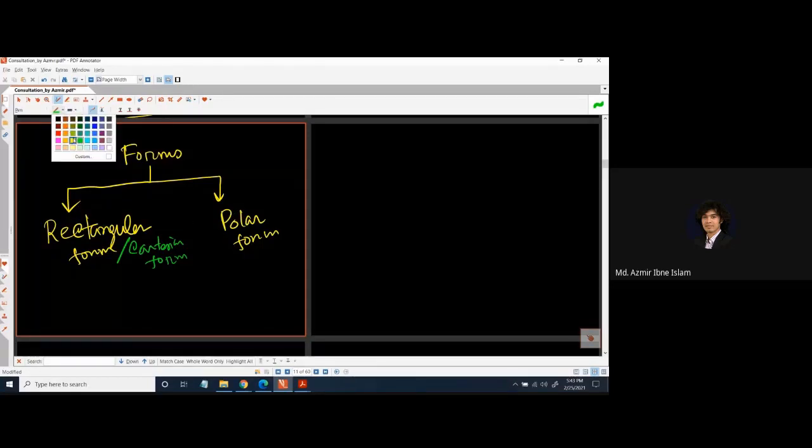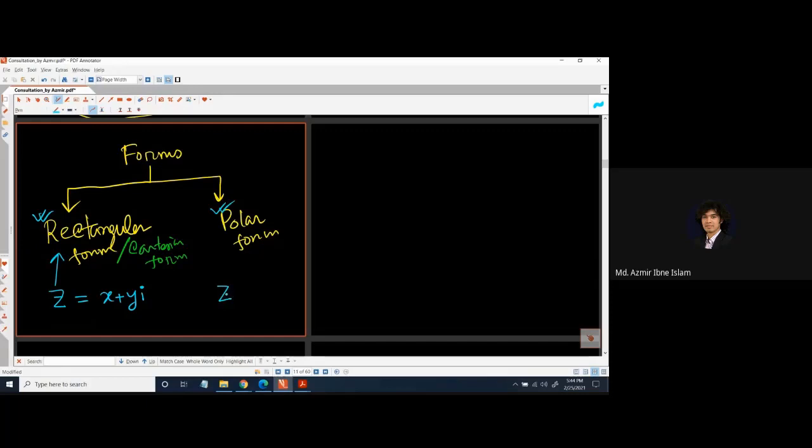Here we will see how we can write a complex number in polar form. Already you know that z equal to x plus yi is the standard form of a complex number, but this is called the rectangular form or Cartesian form.